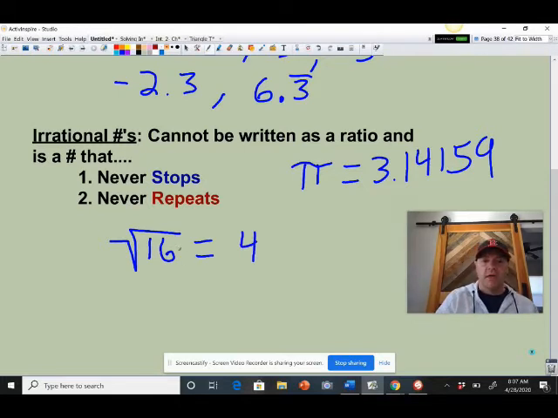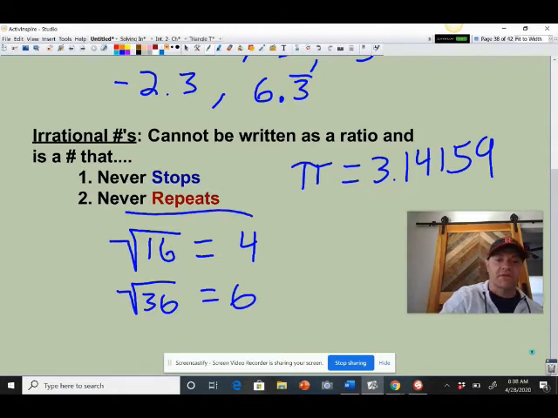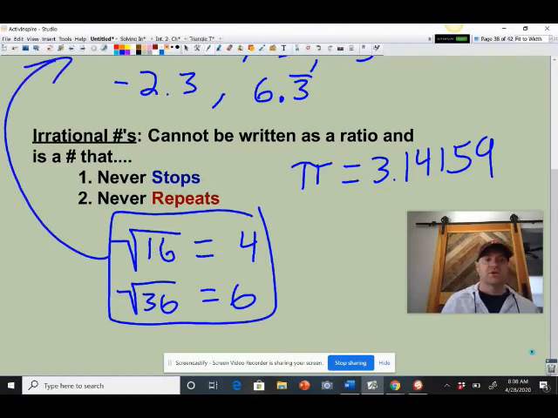That is what we call a perfect square, because you can take the square root of it and you get a whole number, okay? Another example of a perfect square would be something like 36, because the square root of 36 is 6, okay? These are all perfect squares, and these belong in the rational numbers category. It is not an irrational number because it comes out to be a whole number, which we know is rational, okay?